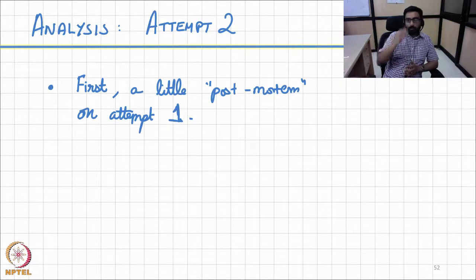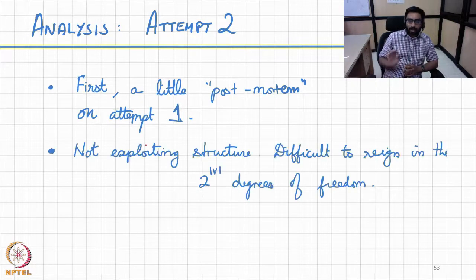Okay, just a quick post-mortem on attempt 1, the failed attempt. We were not able to rein in the 2 to the power cardinality of V degrees of freedom that we had in partitioning the vertex set. But there's a lot of structure which we need to be able to exploit.